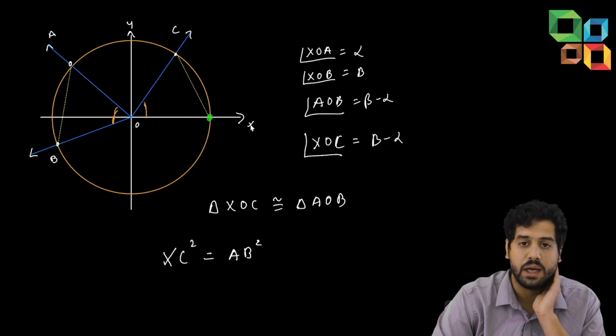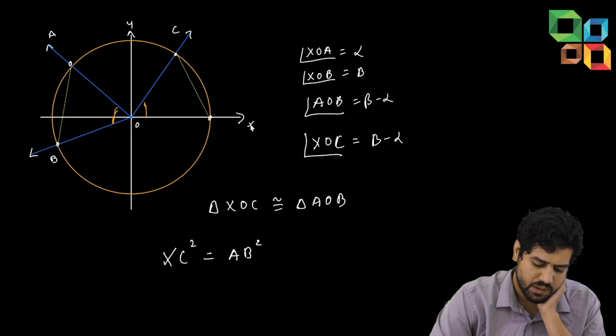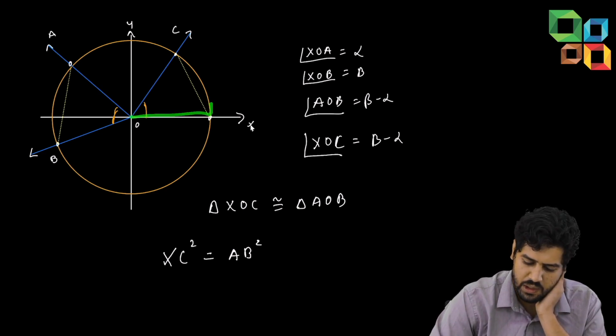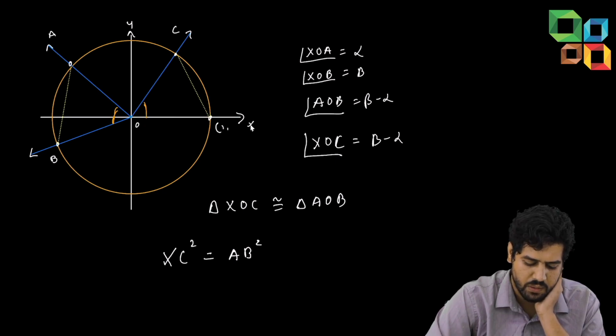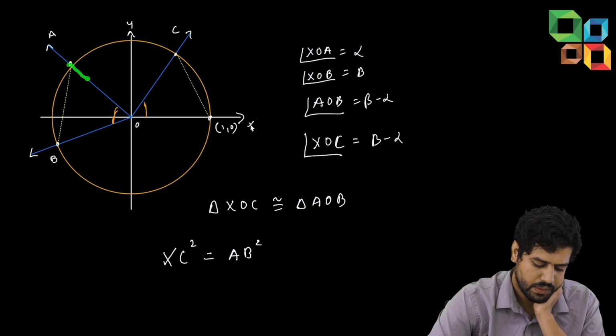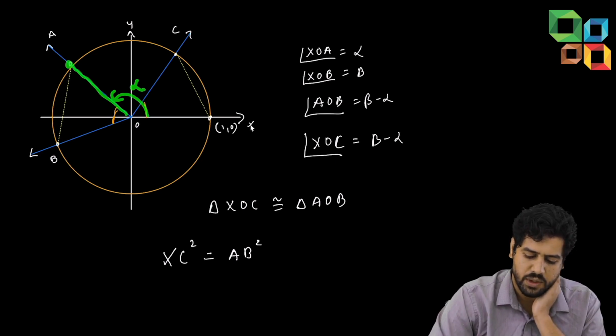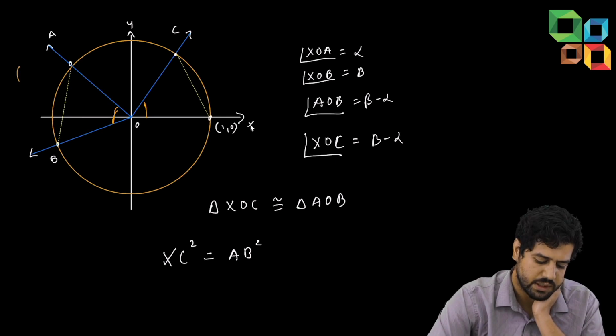What will be the coordinate of this point? Coordinate of X. The x coordinate is 1, the y coordinate is 0, right? So we will have 1, 0. What about this A? This angle is alpha, right? So what will be the x coordinate? The x coordinate is nothing but cos alpha, right?